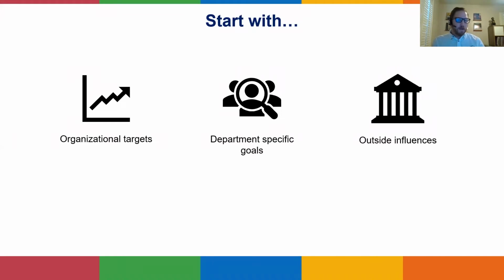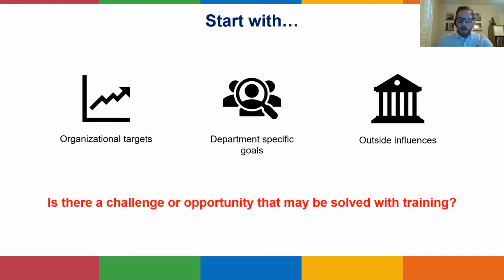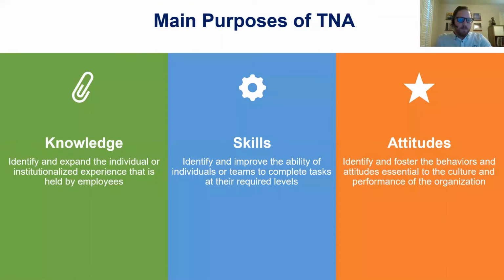If you have a manufacturing department or you have an operations staff that has a certain service level agreement, or outside influences, whether it be compliance standards, legal things that are going to be coming down the pipe. So these things are really good ways to identify what are those goals that you were trying to achieve, and then is there a challenge or opportunity that may be solved with training in any of these areas? This will help us identify what opportunities we really will have for training.